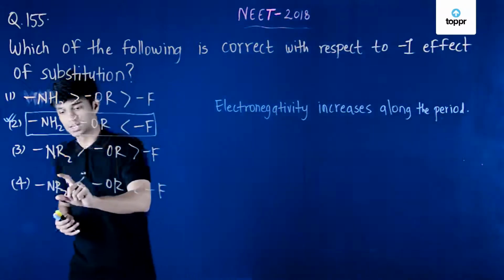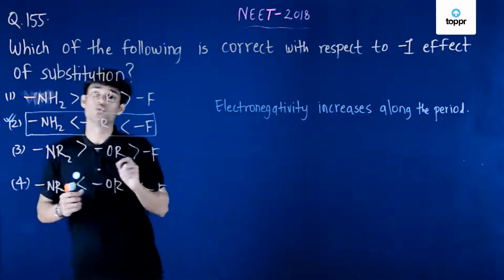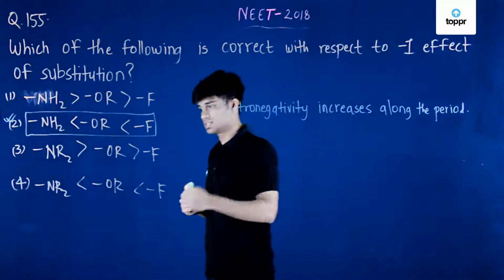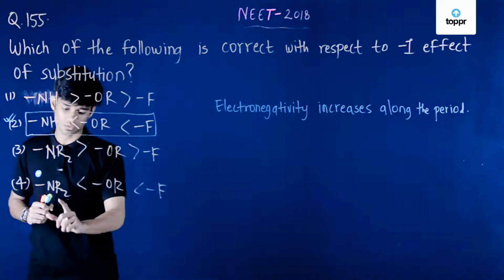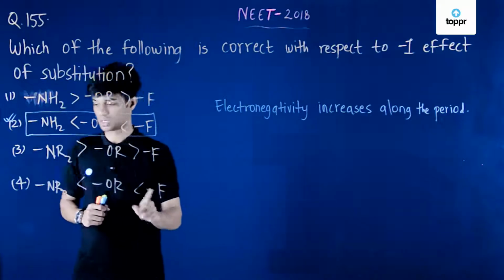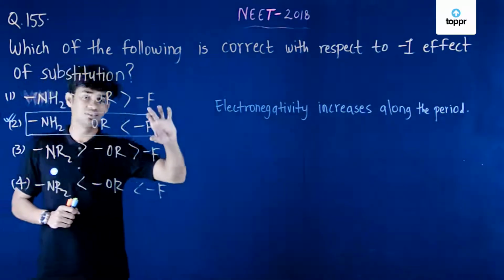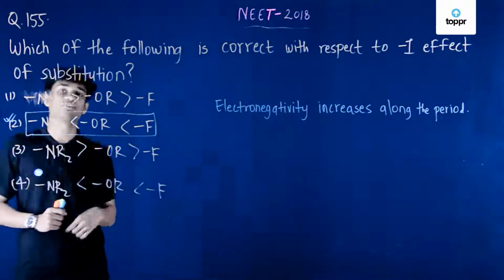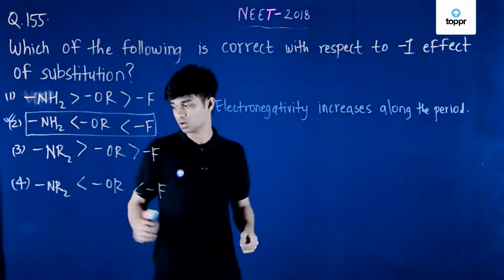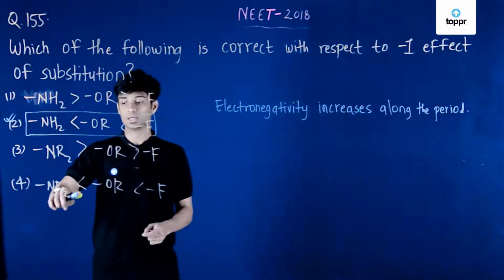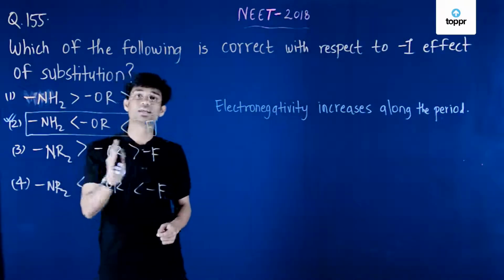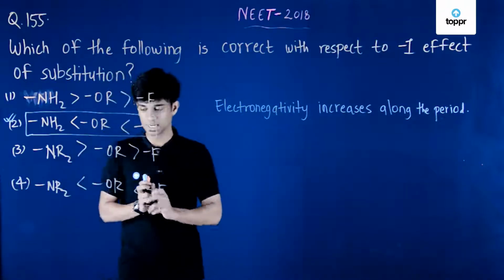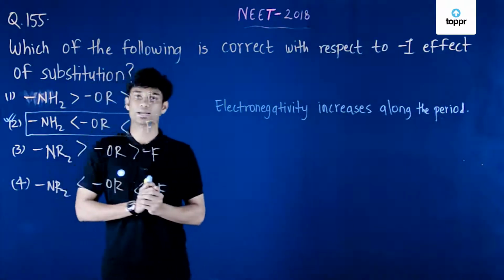Once I have two alkyl groups attached to the nitrogen atom, they are going to increase the electron density on the nitrogen, as a result of which this order is going to change. Hence, I cannot follow the same phenomenon here, because instead of H, now I have R, and minus NR2 is in fact a greater minus I operating group as compared to minus OR. Hence, this order is not correct.